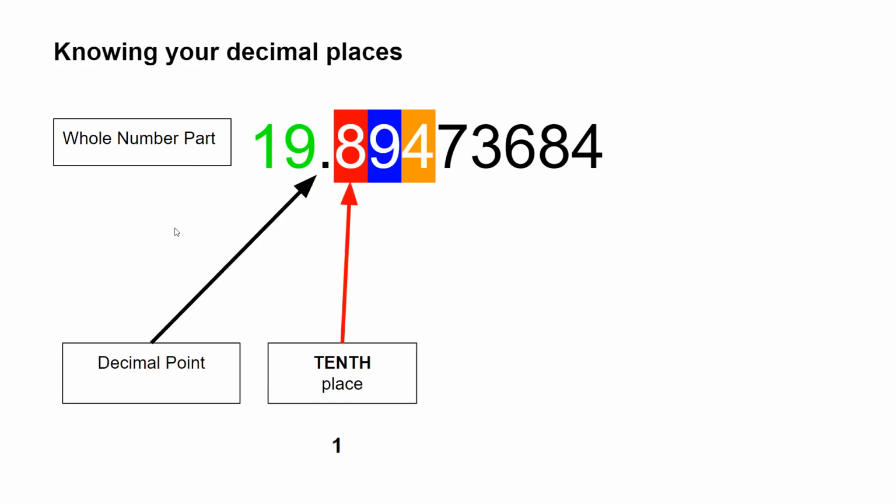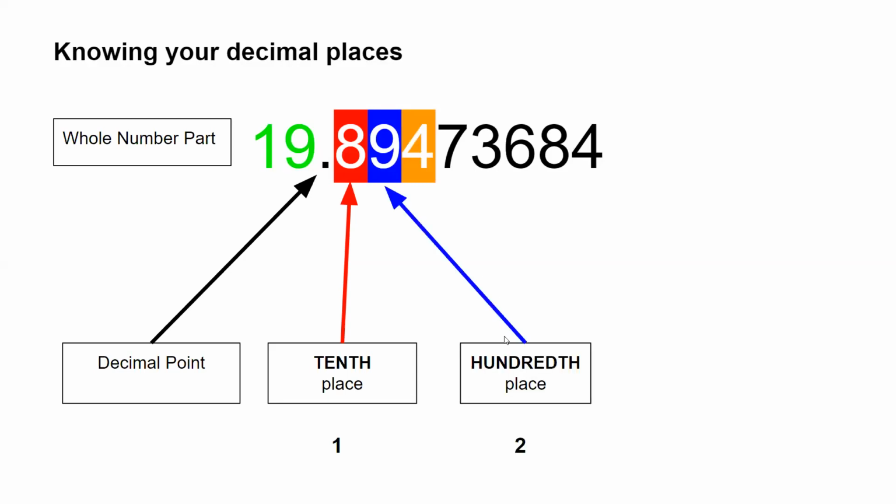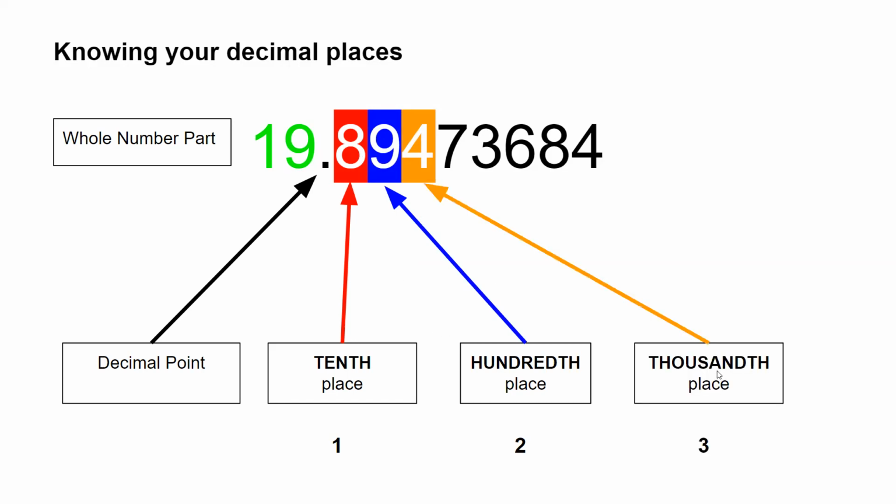And we have that first number to the right of the decimal point. We call that the 10th place. So if you're rounding to the 10th place, there should be only 1 number after your decimal point. If you're rounding to the 100th place, there will be 2 numbers after your decimal. And the 1000th place, there will be 3.